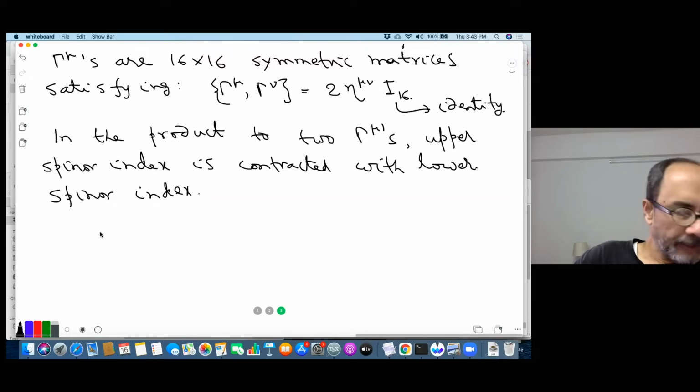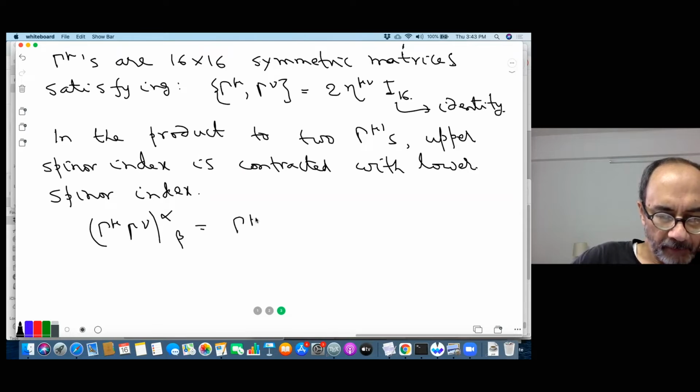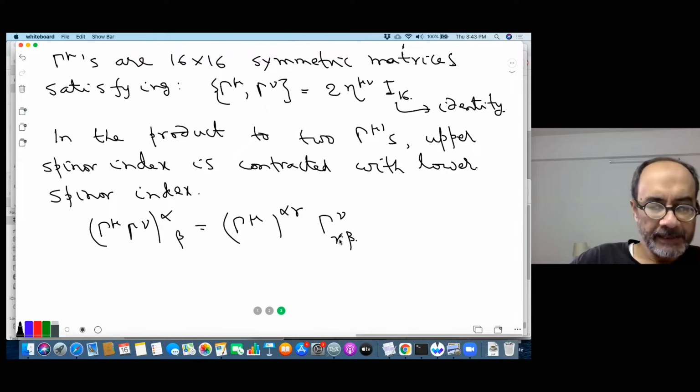So, for example, when you talk about gamma mu gamma nu with indices alpha beta, this actually stands for gamma mu alpha gamma gamma nu gamma beta. So the upper index and lower indices are contracted.